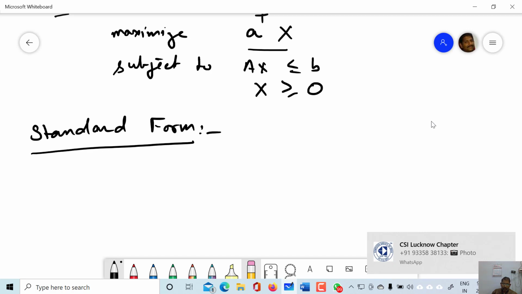This form is also dealing with the matrix, but this form is dealing with the general form, and yes, now in this also it will be dealt with in the form of matrices. But in this case also the constant is different, just like here the constant is less than or equal to b. In the standard form it should be equal to b, and the rest of the thing is the same. In the standard form the constant should be equal to b.